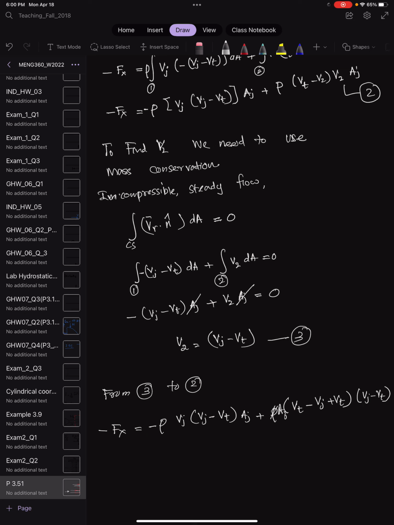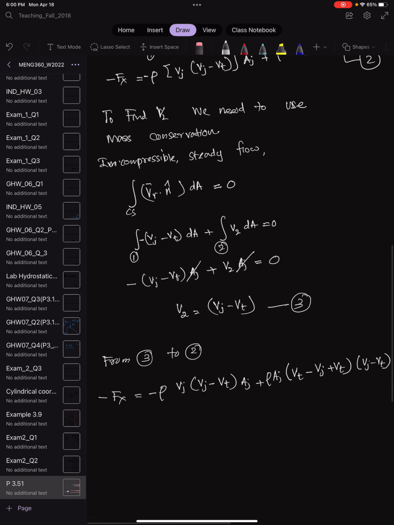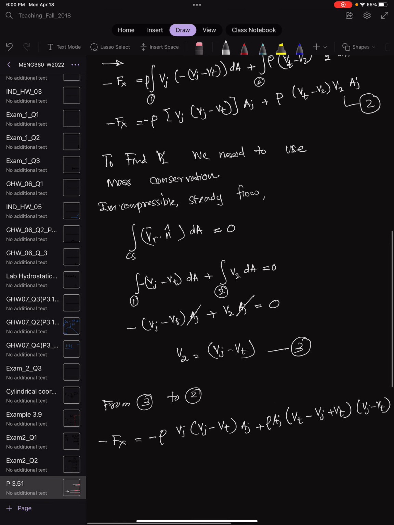I can put rho Aj in front of that. So Vt minus V2 is Vt minus Vj plus Vt, and Vj minus Vt.